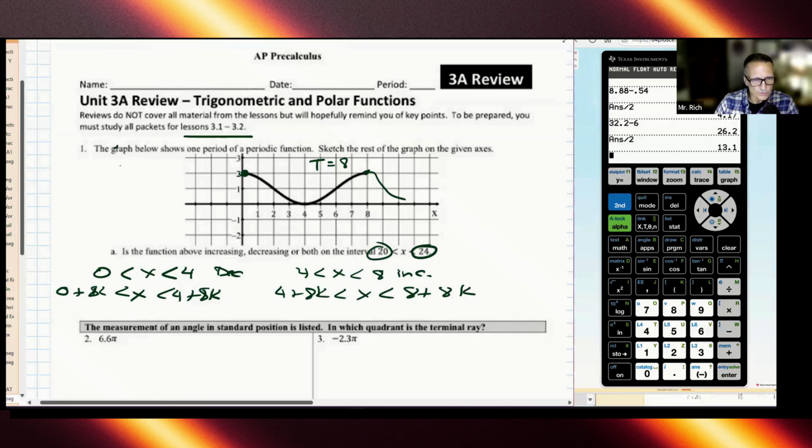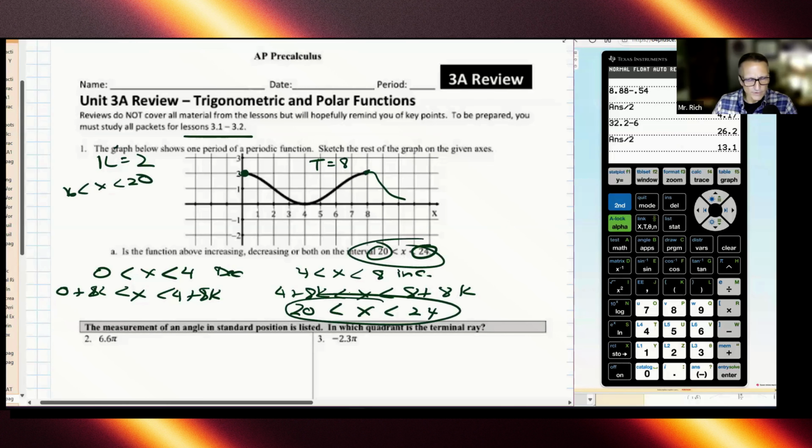So when K is 2, it's decreasing from 16 to 20, and increasing from 20 to 16 plus 8, which is 24. So yes, it is increasing on that interval.